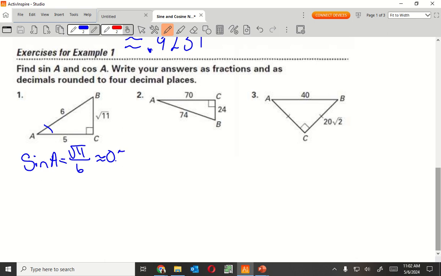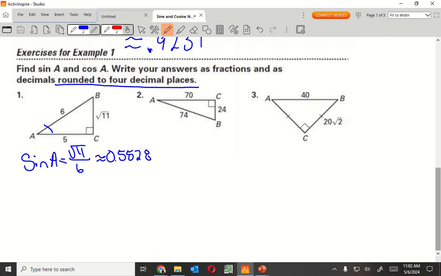What's after the 7? There's another, right? We rounded the 4th one. And it says right here, round to 4.